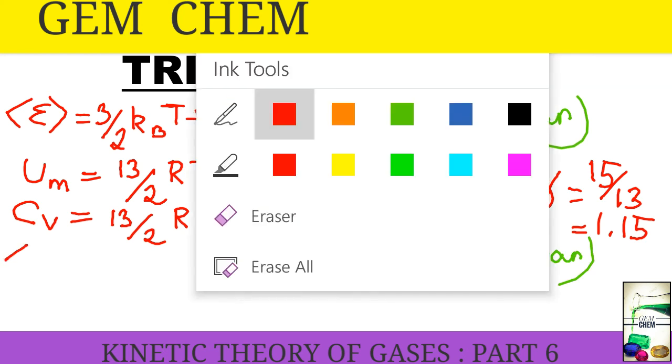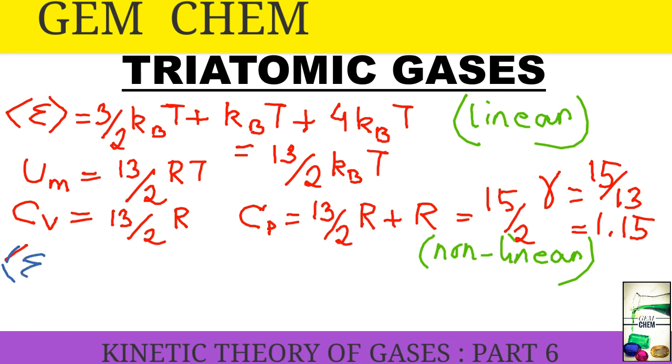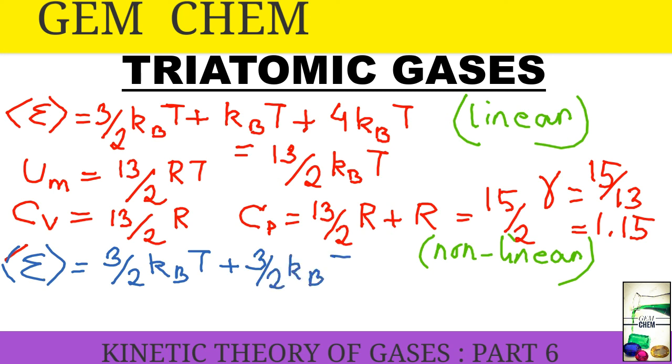Now if we do the same thing for the non-linear case, the energy is like this. Here the energy is 3/2 kBT plus 3 degrees of freedom for the rotational case. Since 3 degrees of freedom are present here, there is 1 degree less for vibrational, so it becomes 3 kBT, and the total value here is 6 kBT.